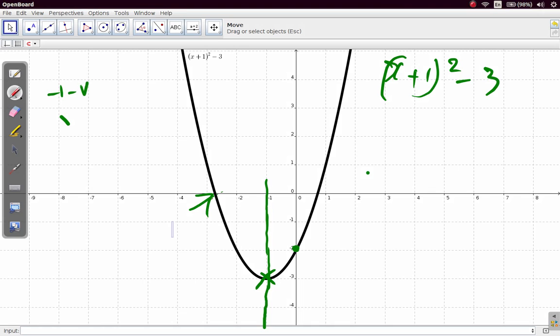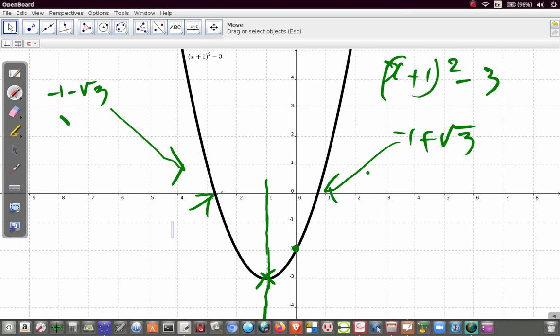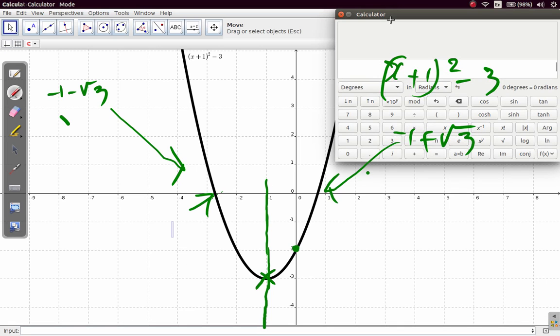Negative 1 minus square root of 3 would be 1 root, which is here. And negative 1 plus the square root of 3 would be the other root, which is there. Let's just work these out and see what the numbers would be.